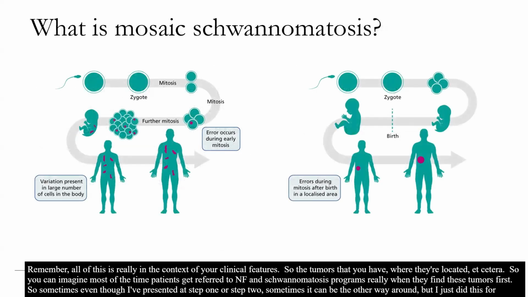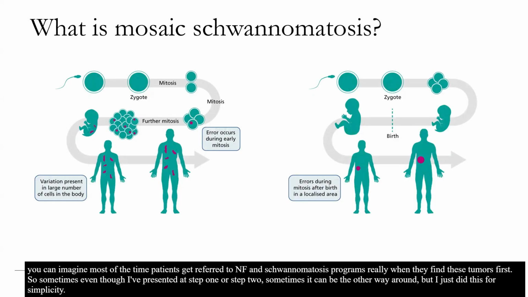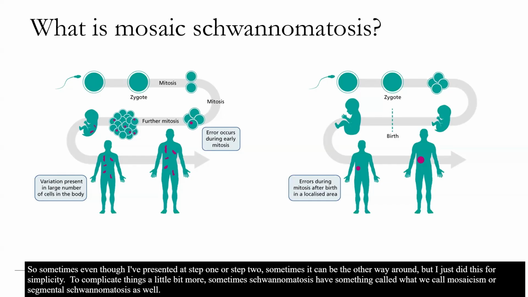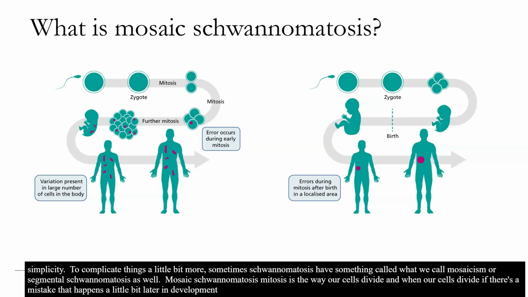To complicate things a little bit more, sometimes schwannomatoses have what we call mosaicism or segmental schwannomatosis as well. Mosaic schwannomatosis involves mitosis, as you may remember from high school biology, the way our cells divide. When our cells divide, if there's a mistake that happens a little bit later in development, you could have some parts of your body that are affected with the gene and other parts of the body that are not.